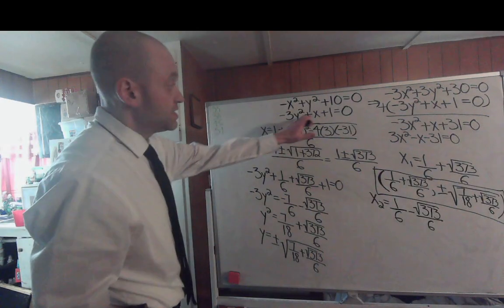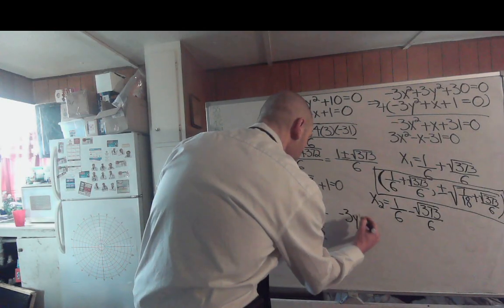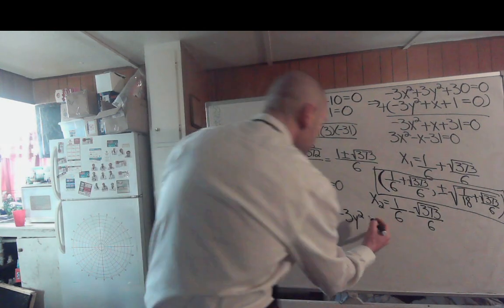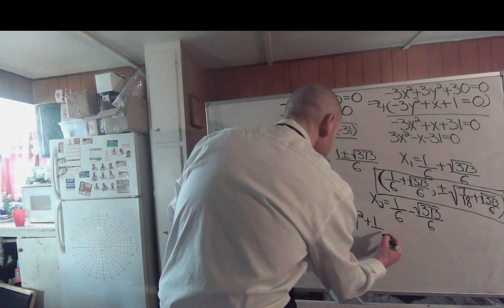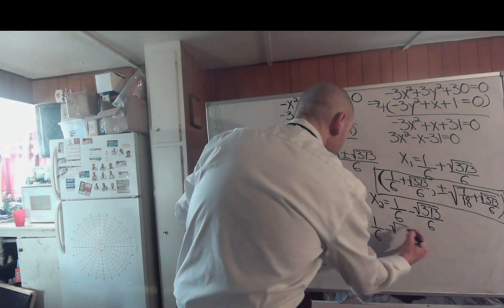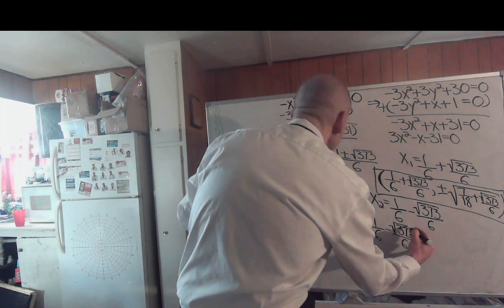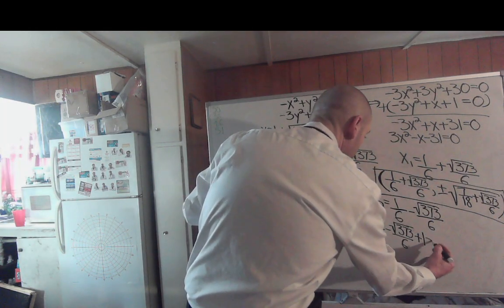So put that into your equation for x, so you'll get negative 3y squared plus 1/6 minus the square root of 373 over 6 plus 1 equals 0.